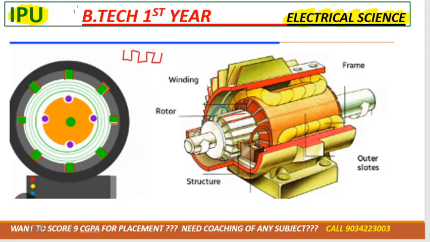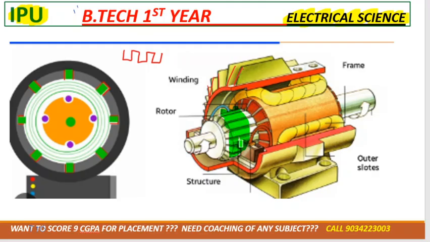You can see the shape of the rotor windings is exactly like this, and clearly there is a winding in these slots. There is a wire connected in these slots. So this is technically known as the rotor.